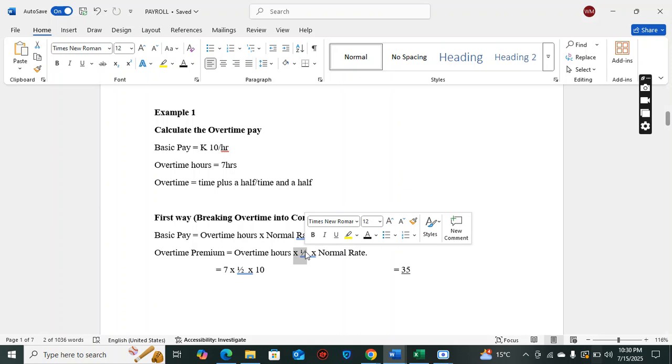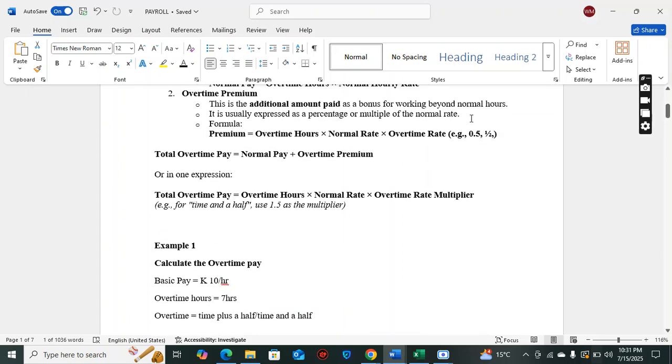The one and a half, you use if you want to calculate the overall overtime pay in the second formula. But here, we're just going to get the half part for the premium.